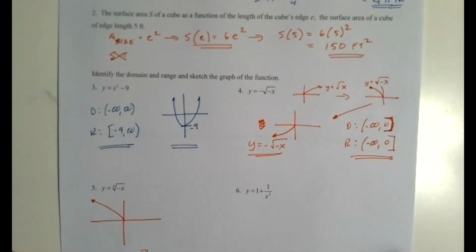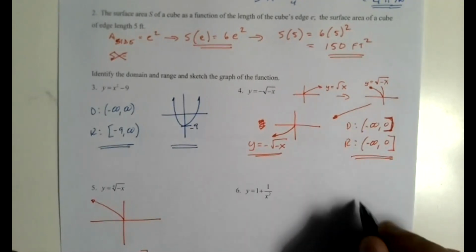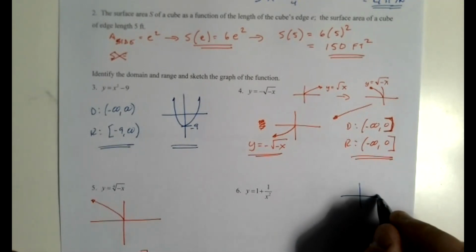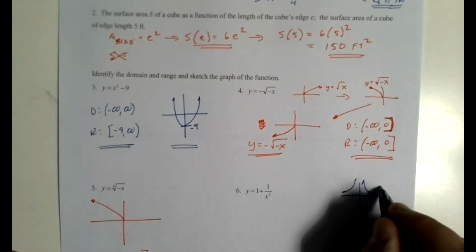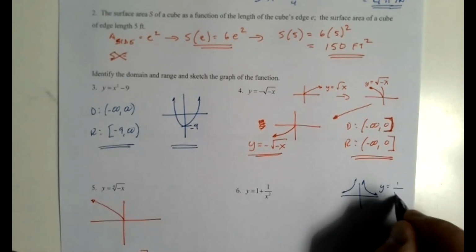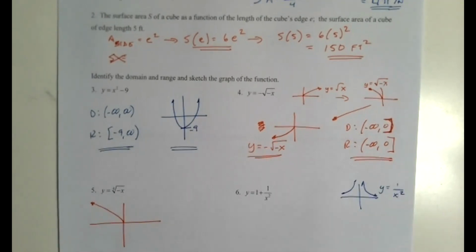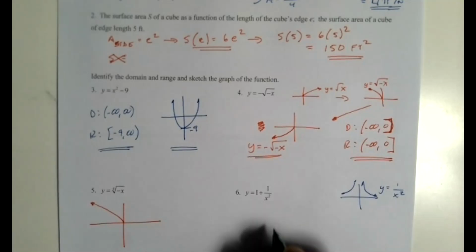y equals 1 plus 1 over x squared. All right, well, I happen to know that this is y equals 1 over x squared. It's just like 1 over x, except that the other side is positive. And I know I'm a nerd, but you should also try to lock some of these down, maybe write them down on a sheet of paper.